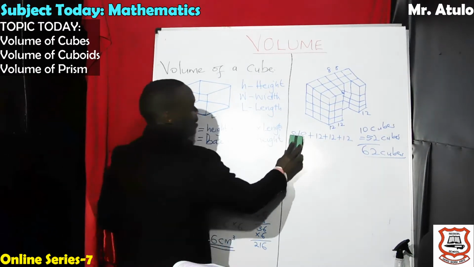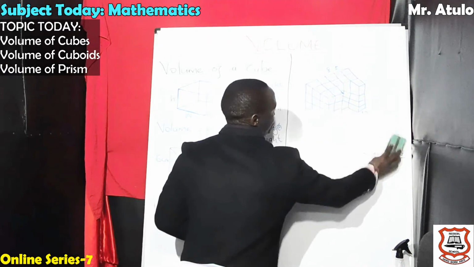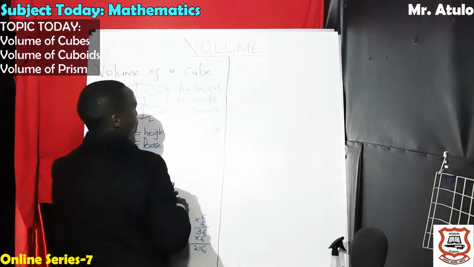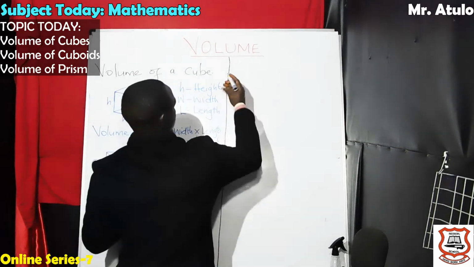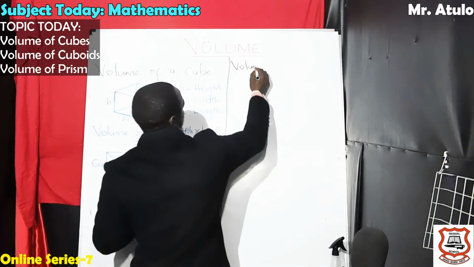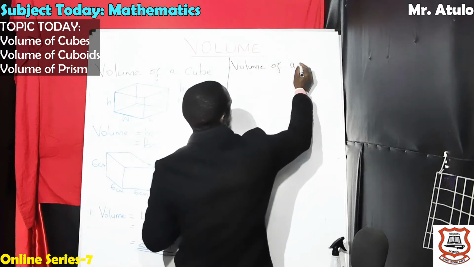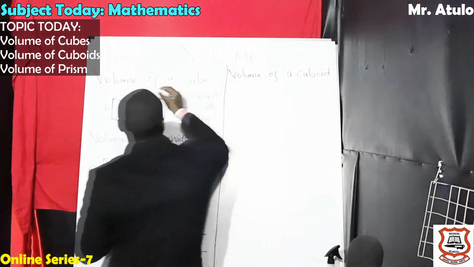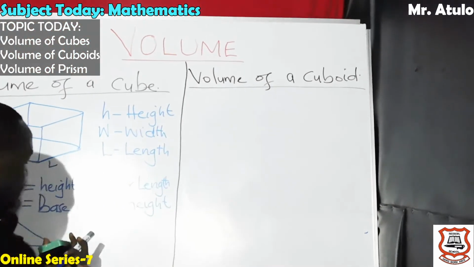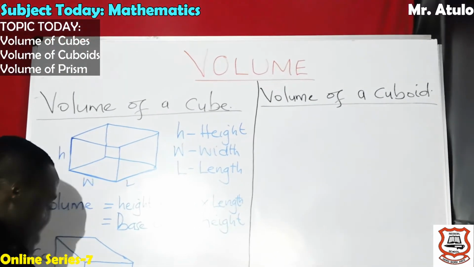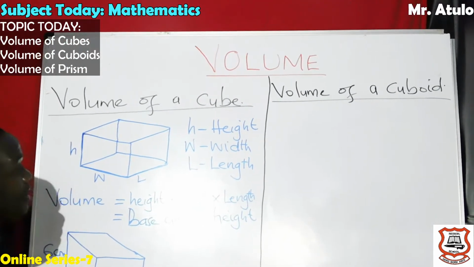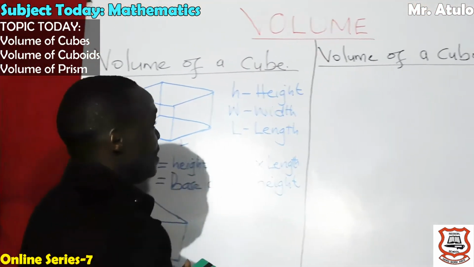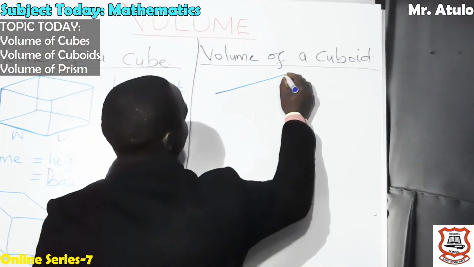Now, I want us to talk about the volume of cuboids. How do you find the volume of a cuboid? Unlike the cube, which is a six-sided square-shaped figure, the cuboid is a six-sided rectangular-shaped figure, which means that some sides are not the same as others.